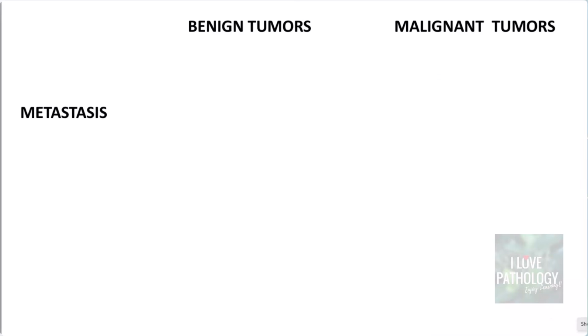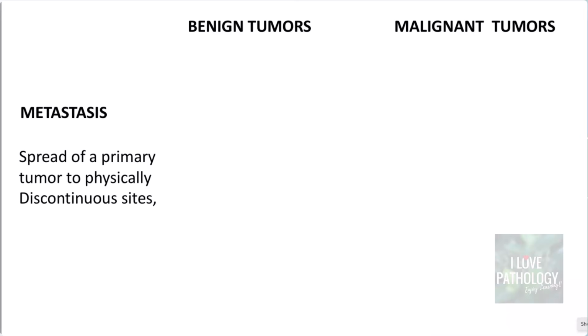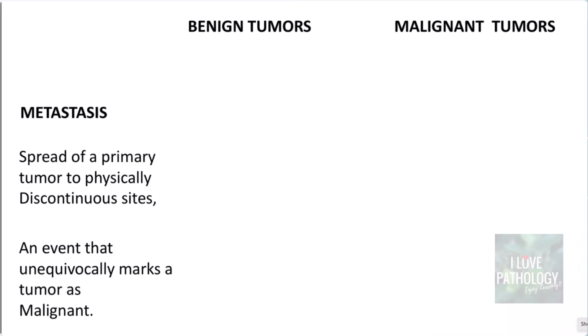The most important differentiating feature is metastasis. What is metastasis? Metastasis is the spread of the primary tumor to a physically discontinuous site. For example, if you have a tumor in the breast, and this tumor moves to a distant site like liver or spleen or bone or brain, that is called metastasis.